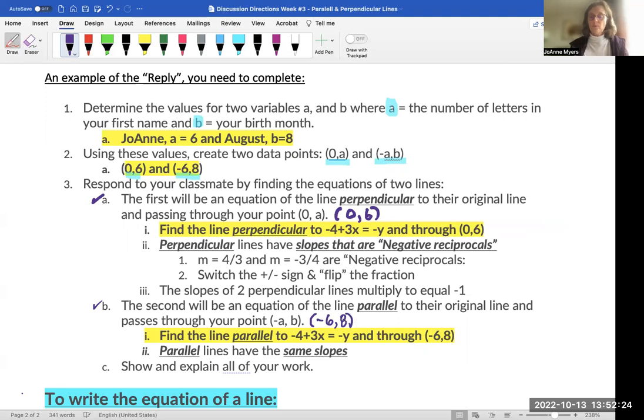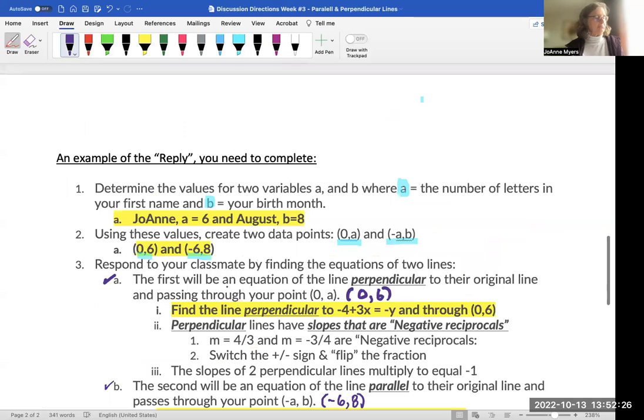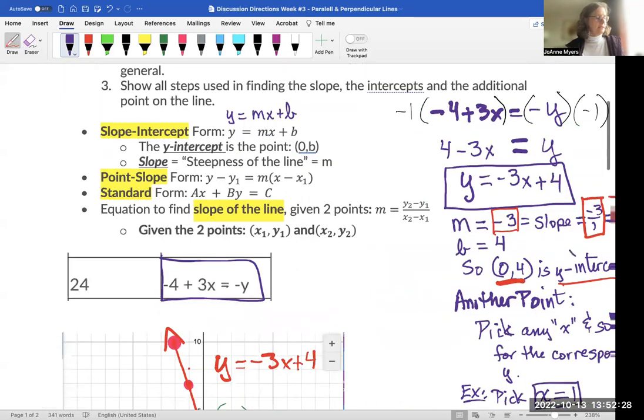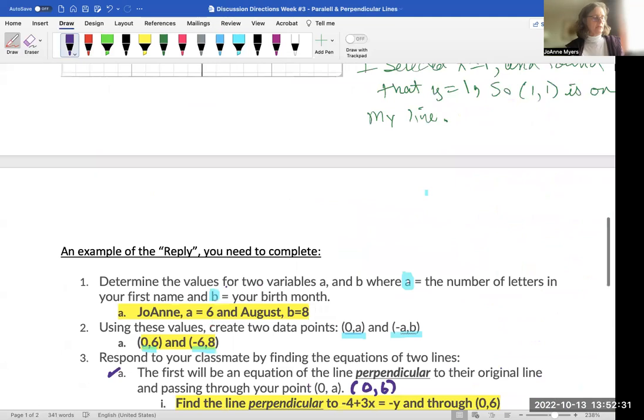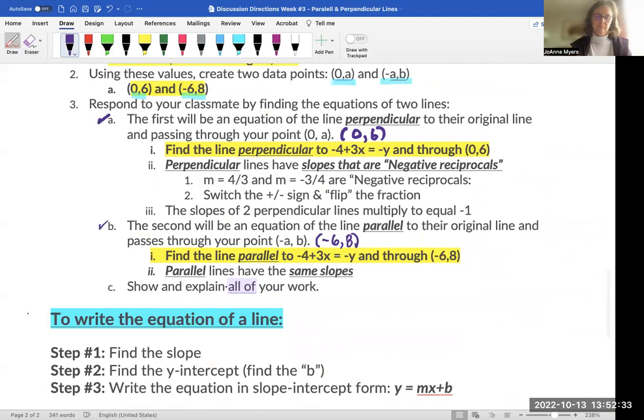Now I go up, I find where is my classmate's line. So if my classmate had -4 plus 3x equals y, I need to figure out what is the slope of the line that my classmate had.